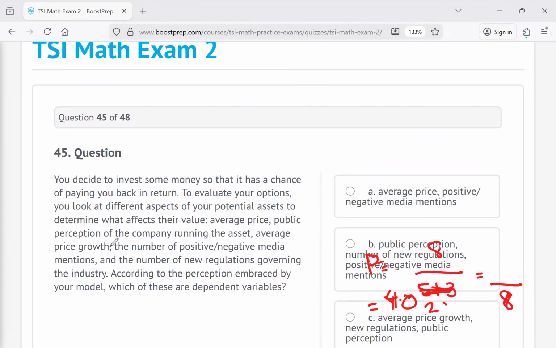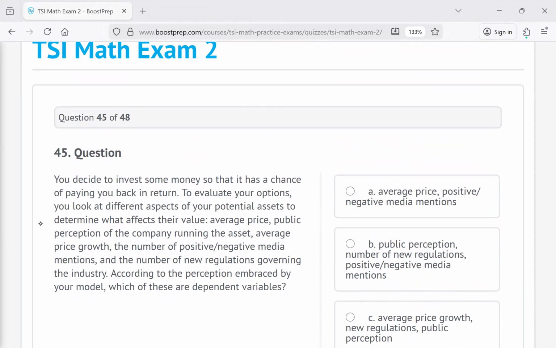You decide to invest some money so that it has a chance of paying you back in return.